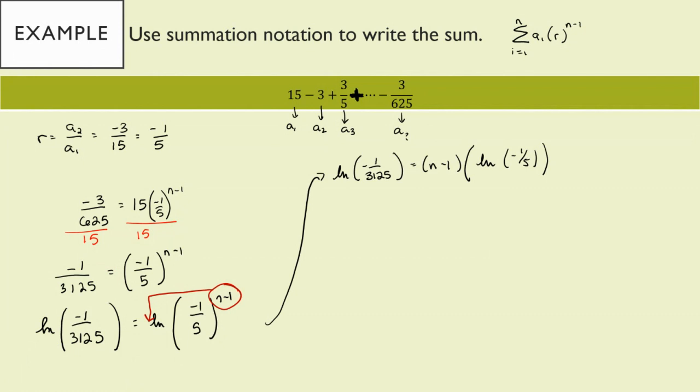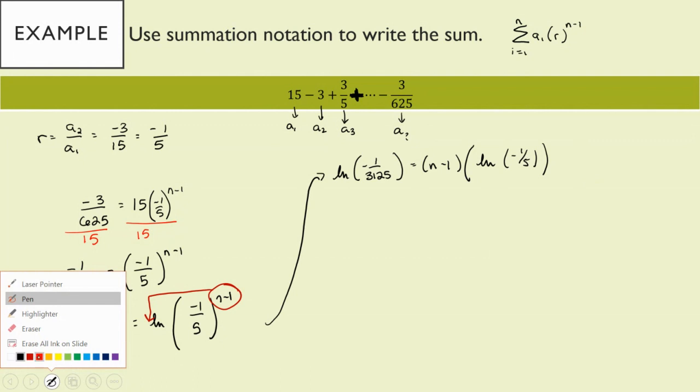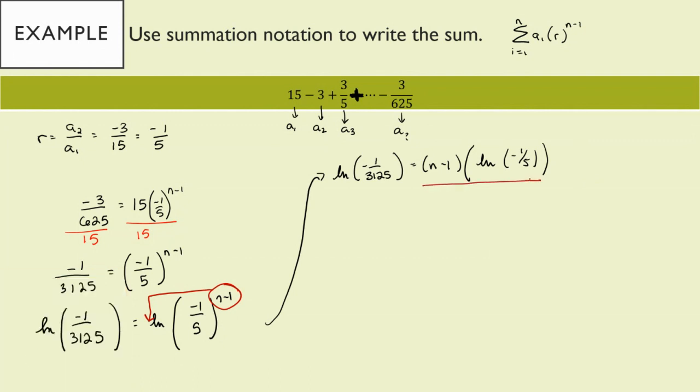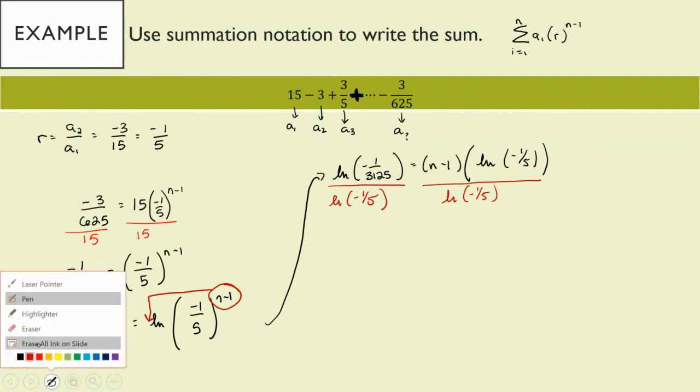So I want to solve for n, and the easiest thing to do here is to divide both sides by, I could distribute if I wanted to, but I really don't want to. I'm going to divide both sides by the natural log of negative 1/5. So that way I'm just left with n minus 1 on the right.